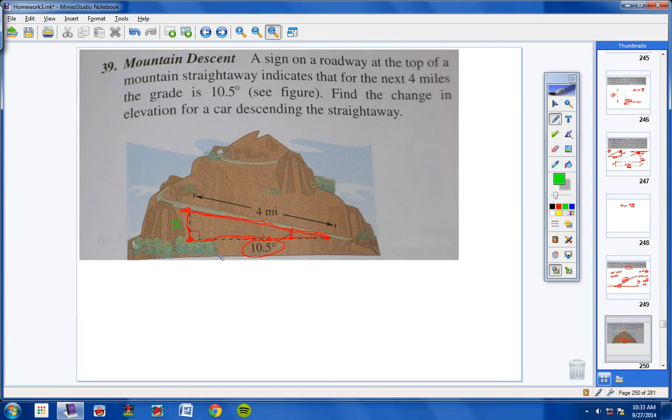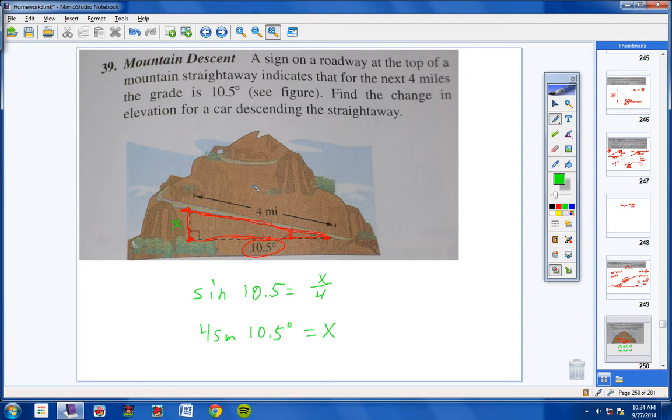The height. So we're dealing with hypotenuse and opposite. So I'm going to say the sine of 10.5 degrees is opposite over hypotenuse. Multiply both sides by 4. 4 sine of 10.5 degrees equals x. Let me grab my calculator real quick here. And just so you know, students, I am checking these as I go in the back of the book to make sure I'm not making a little mistake anywhere.